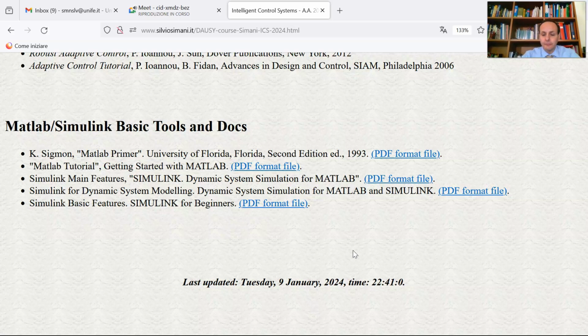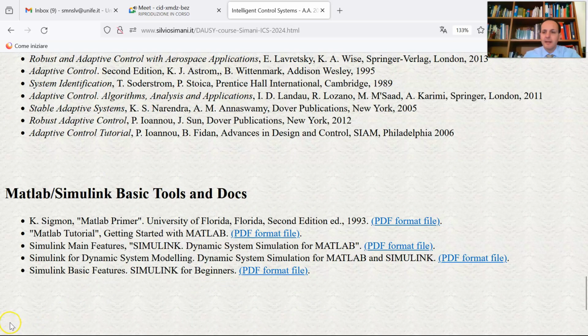I reported them just to mention these important tools, even if we know that there are other tools used in academia for the design of dynamic systems and simulation, but these are what I'm using for the design of these systems. I think I can stop there.